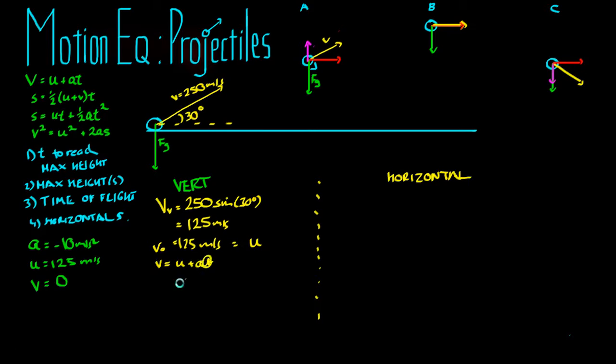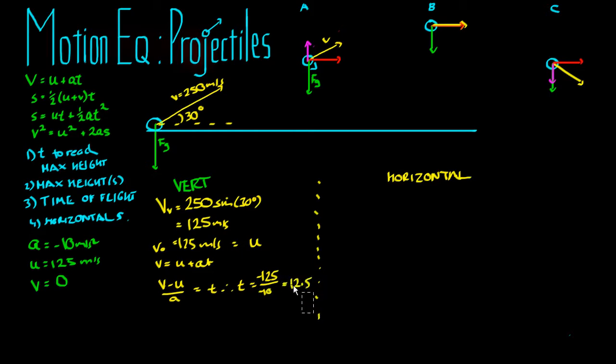We try and get T by itself. V take away U on A equals T. Therefore, T equals V is 0, U is 125, so negative 125, and A is negative 10. Negative 125 on negative 10 equals 12.5.